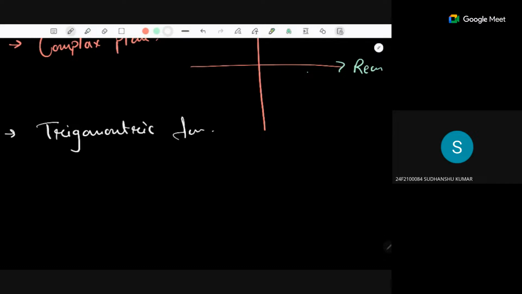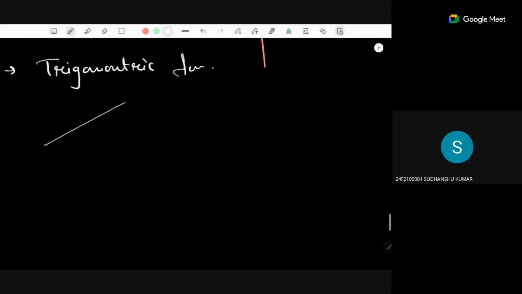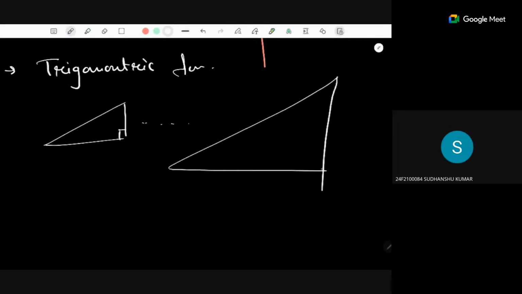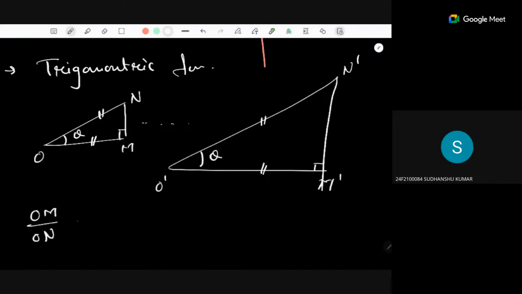So we know that if you take the ratio of sides of two right angle triangles, suppose you have a smaller right angle triangle and a bigger right angle triangle, but the angle theta is the same. By geometry, if you take the ratio of this side with this side, suppose this is OMN and this is O dash M dash N dash, then geometry says that the ratio of OM upon ON is the same as the ratio of O dash M dash upon O dash N dash.